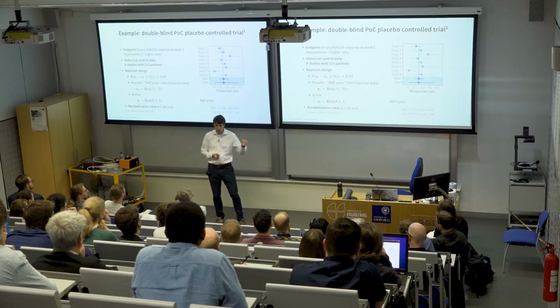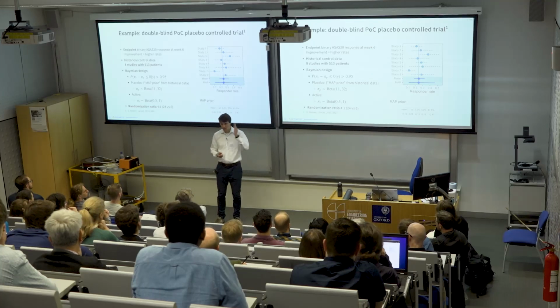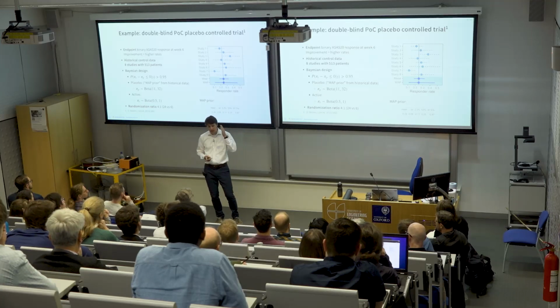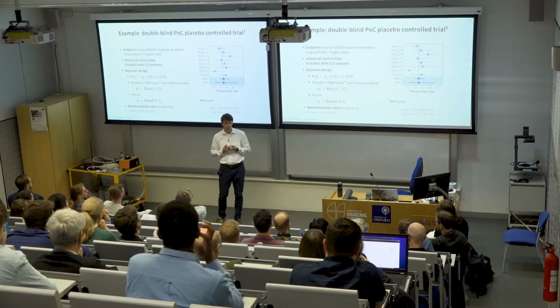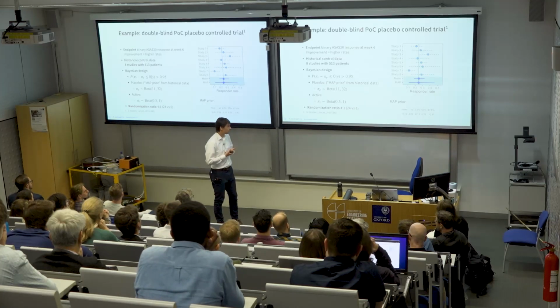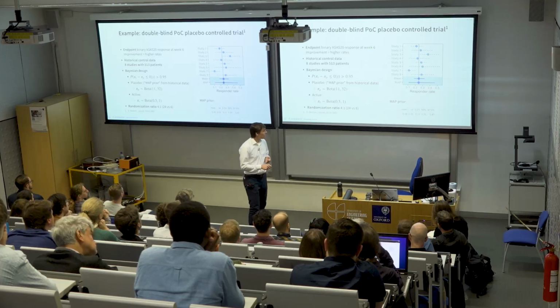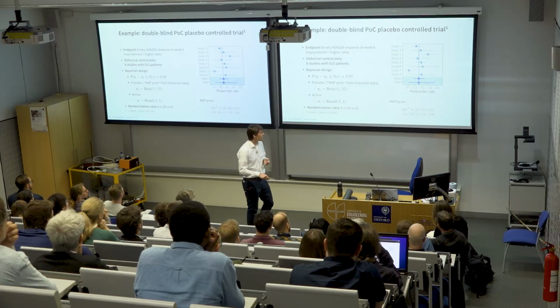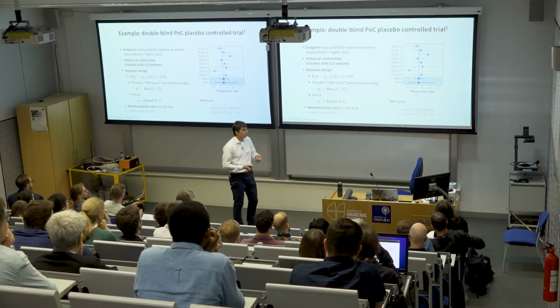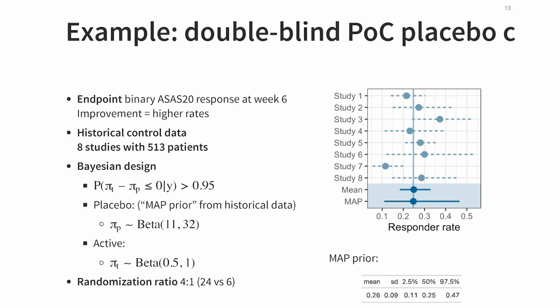Regularly you would compare with 24 patients on control, but instead 18 patients were dropped and replaced with the informative MAP prior here. So the MAP prior, just to look at it, you see the response rate is around 25%, and basically in the range of 10 to 45, 50% response rate, which is what you would get from the historical data.